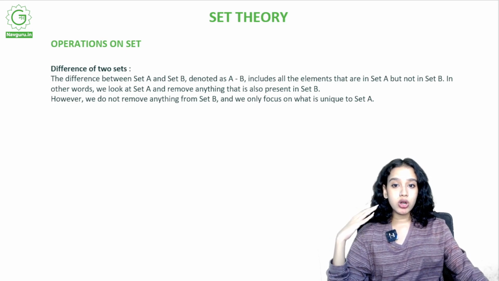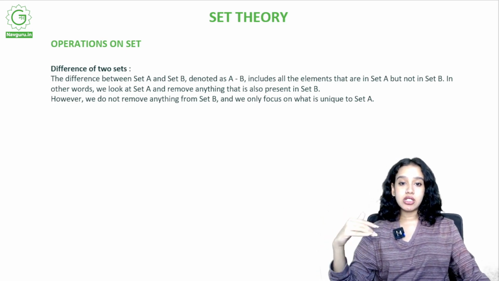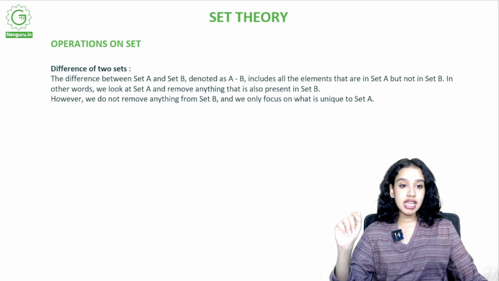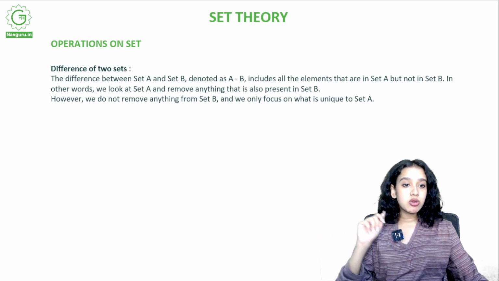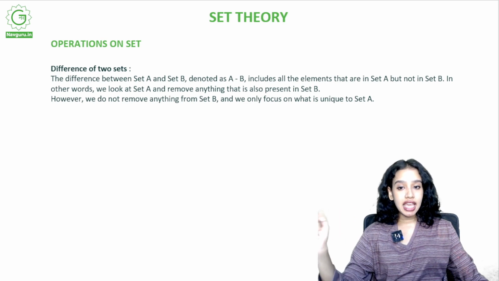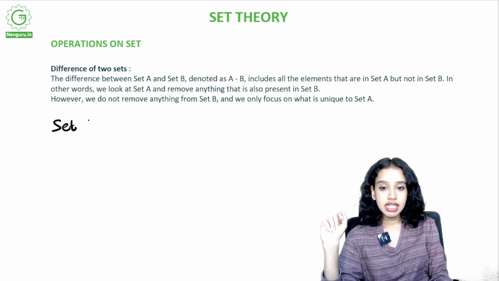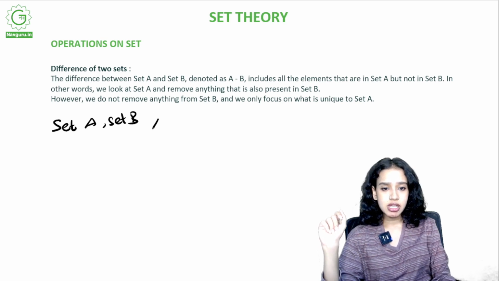Now let's move on to the last operation, which is the difference of two sets. The difference between set A and B is denoted as A minus B. It includes all the elements that are in set A but not in set B. So we have set A and set B, right? Let's take the same example.